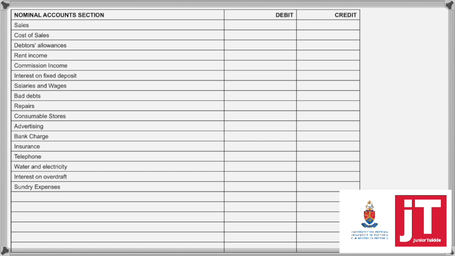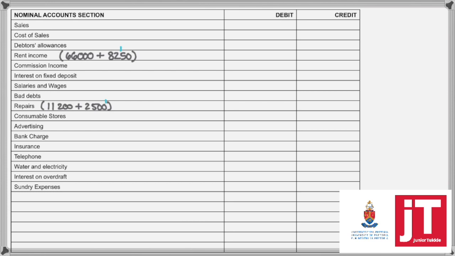So we put the amount for rent and repairs in accrued expenses, and now we need to record the rent income and repairs on the nominal section. So for rent income, we have to add 8,250 Rand, and for repairs, we need to add the 2,500. And remember, for accrued income, we added 8,250 but minus 2,500.